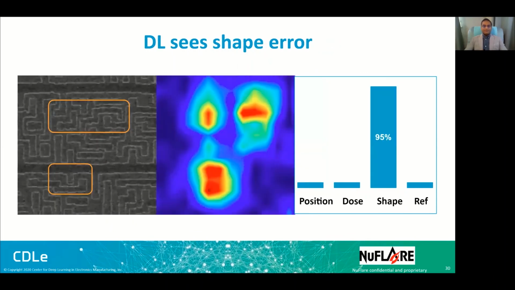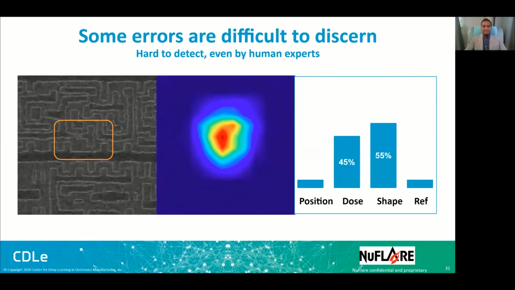In another example for the shape error, we have a high probability for shape, and the network focuses on the spot where the error is. In this example, the network gives almost equal probability to dose and shape error, and also focuses on the right spot where it sees the error.